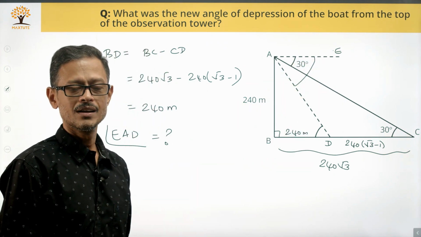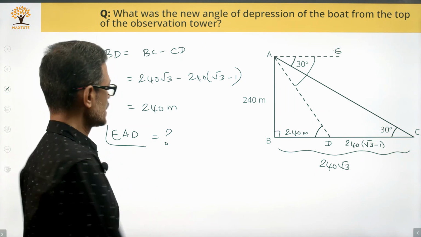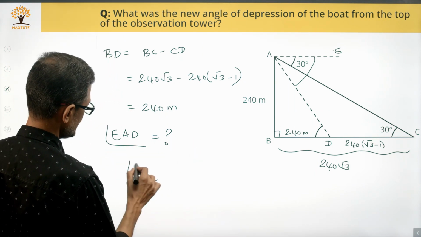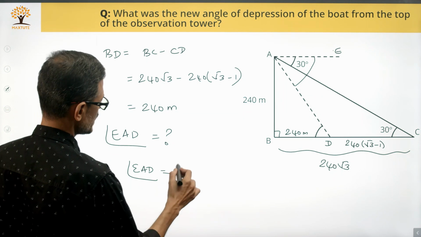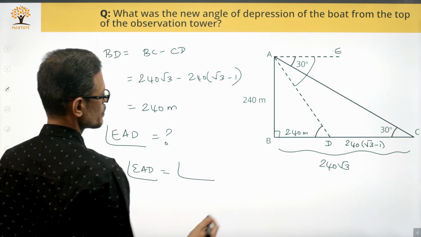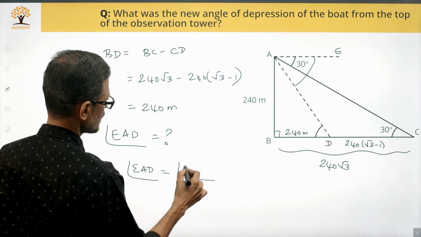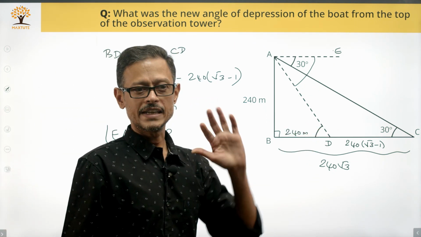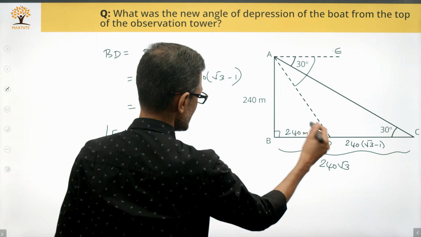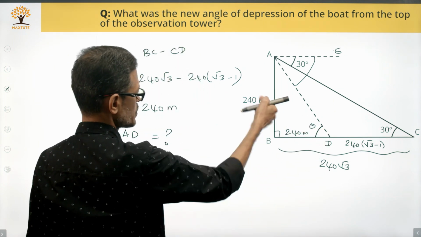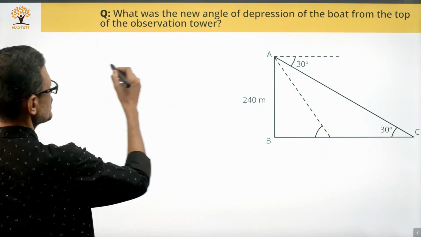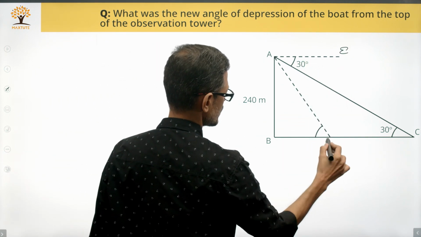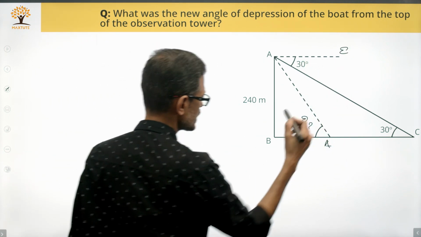at point D. Now the angle of depression is equal to angle of elevation. So angle EAD is obviously going to be the same as the angle of elevation at this point, which is angle ADB. Angle ADB is what we are trying to find out.